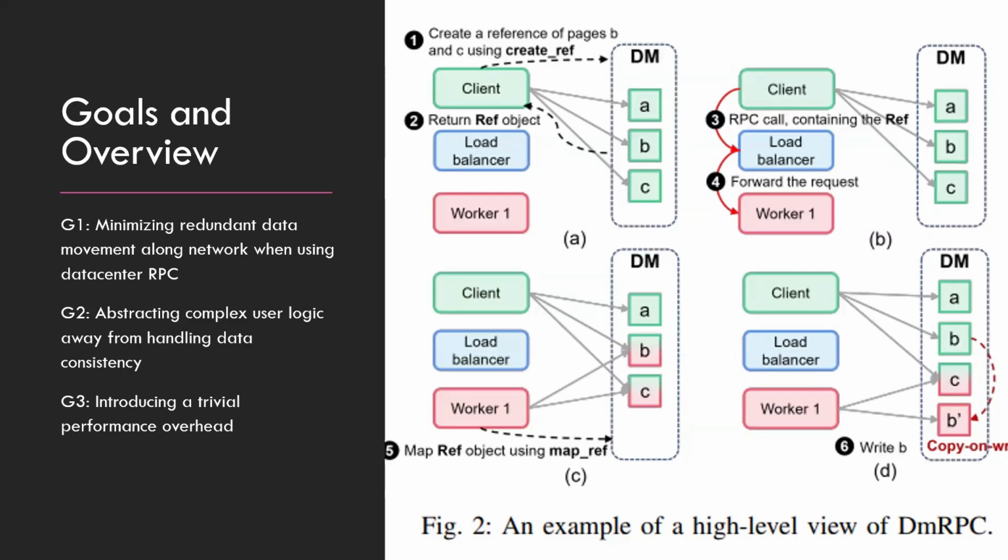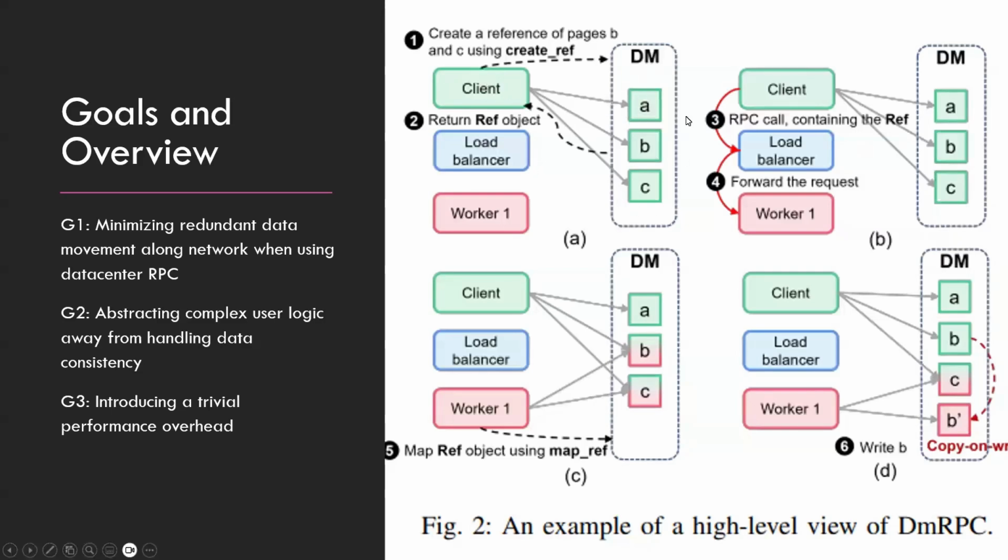Instead of copying the whole chunk of data, they just send the reference to this data, and copy it only on write. This way they abstract complex user logic away from handling data consistency while introducing trivial performance overhead.